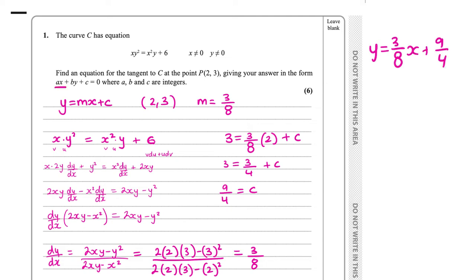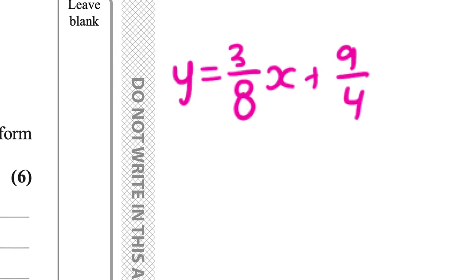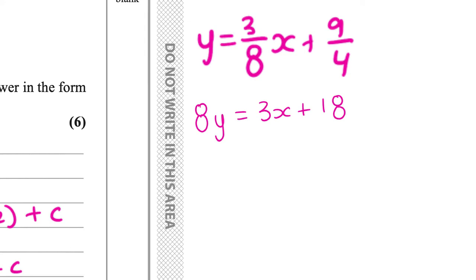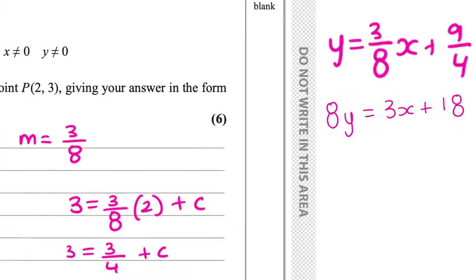However, it wants it in the form ax plus by plus c equals 0. Now, the best way to do this is to multiply by the largest denominator, which is 8. So we're going to have 8y equals 3x plus 18. Okay? Then we need to move everything to the left-hand side.